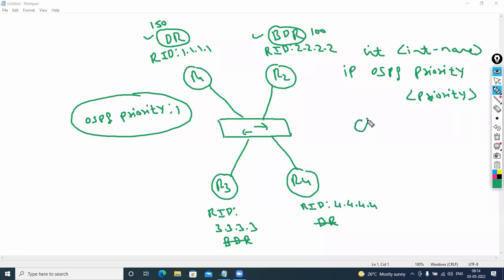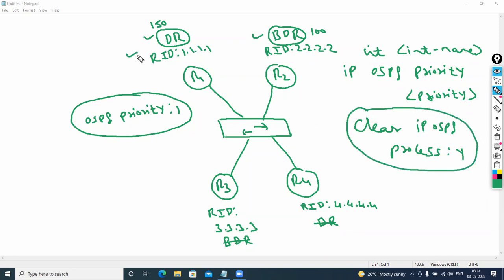Till you clear the OSPF process, they will not reinitiate the election. So you need to clear the process, and then only R1 will be elected as DR and R2 as the BDR. Like you said, when all routers came up, then only the election happened.